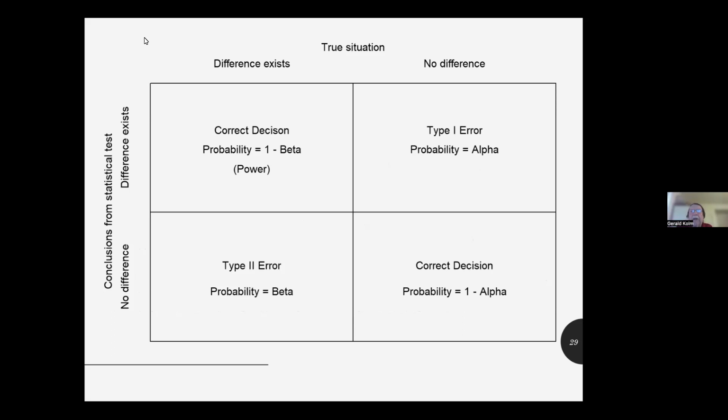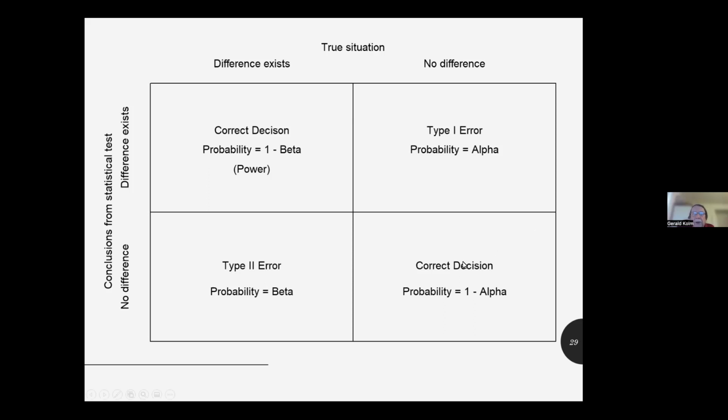If we start over here in the upper right, based on our statistical test we say that there's a difference, but in the population there's actually no difference. We've made what we call a type 1 error, and the probability of making this type 1 error is called alpha. This is the p-value that you see in the literature when someone says p is less than 0.05 or 0.01 or whatever it might be. That's the probability of making a type 1 error.